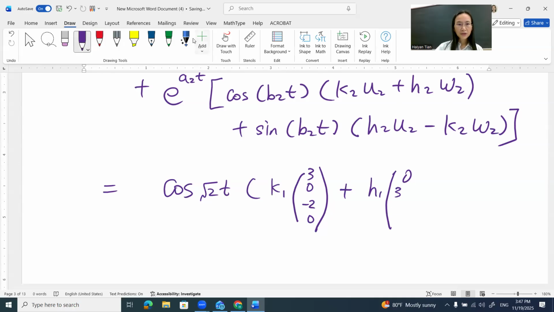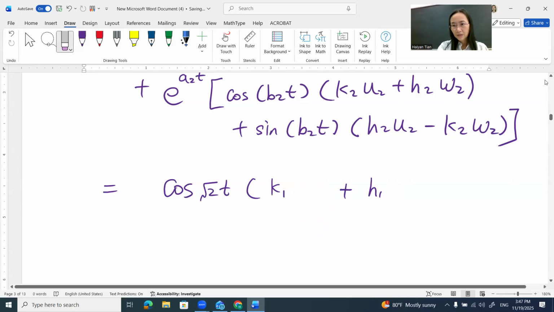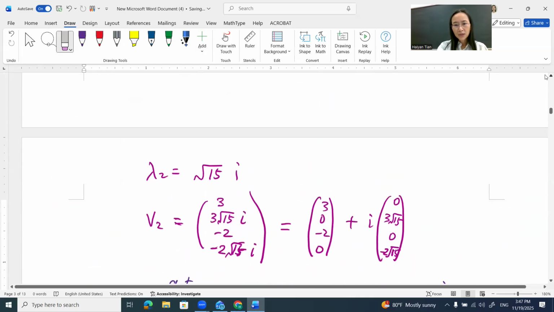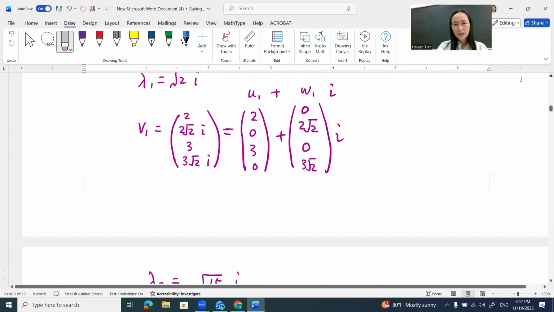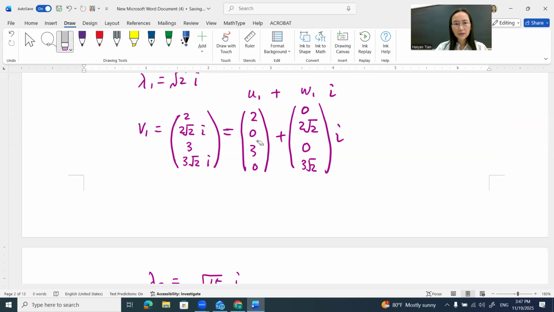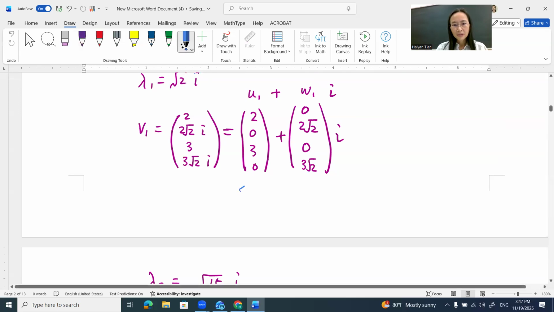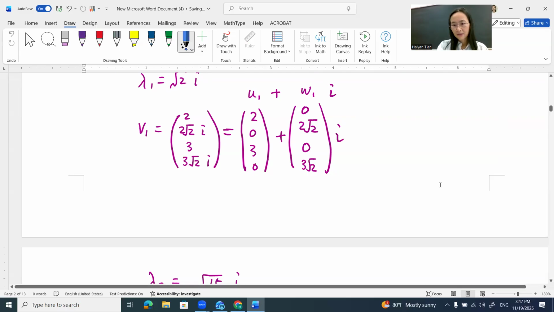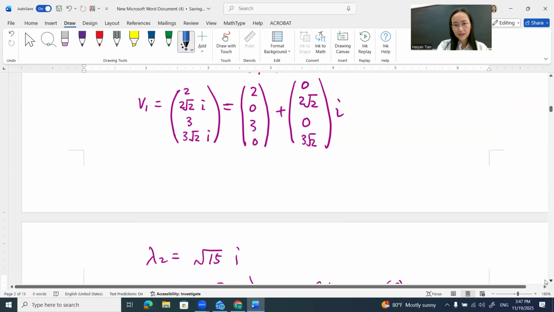I should be careful here to be correct about what u1 and w1 are. So that is u1, that is w1. We can write u1, w1, and that's all we need to do.